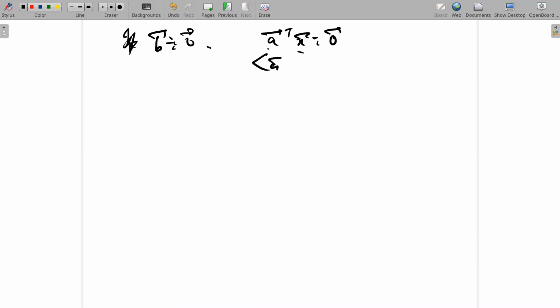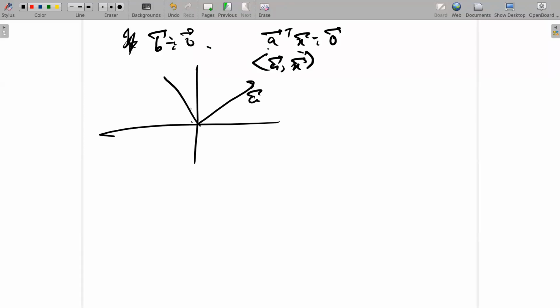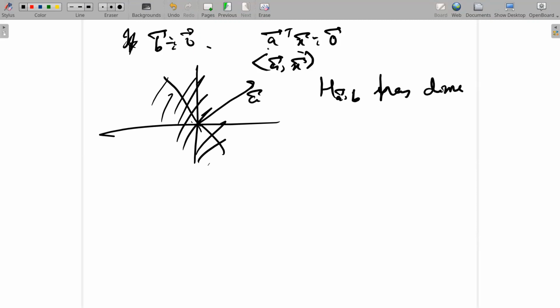This is precisely the inner product of A and x, so it is all those x which are orthogonal to A. In higher dimension, you'll have a subspace which is orthogonal to A. So H_{A,B} has dimension n-1. That is in the case B is zero. If B is not zero, it is in fact just a translate of such a hyperplane.